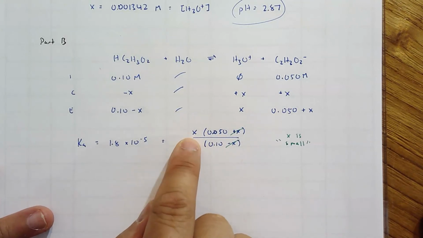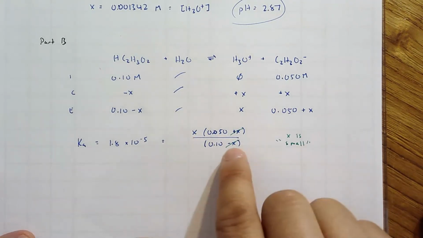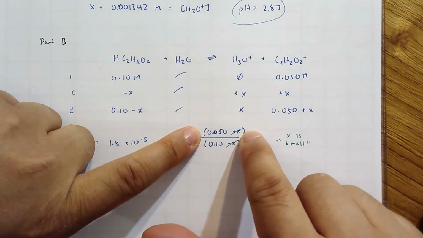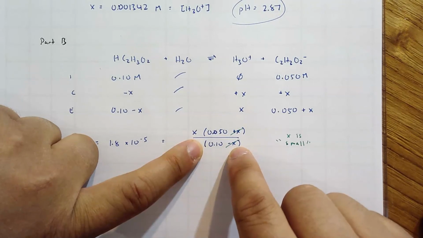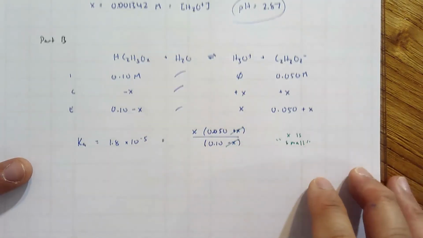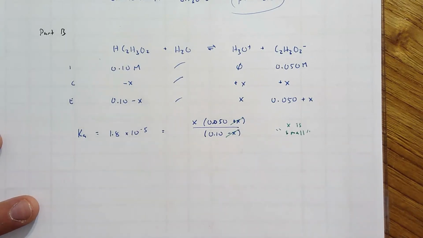We're not subtracting this x. But essentially, this term in parentheses is 0.050, and this term in parentheses essentially is 0.10 because x is essentially close to 0.